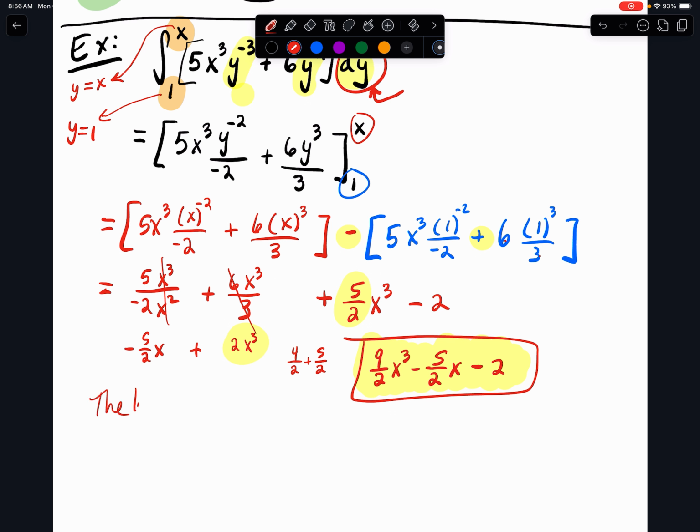So the limits of integration are functions of x.